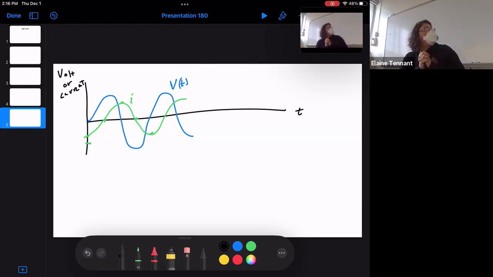Now when I look at this, this is the voltage with the inductor. Does my current lead my voltage, or does it lag my voltage? Is my current ahead of my voltage or behind my voltage?